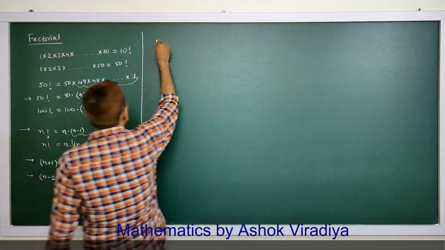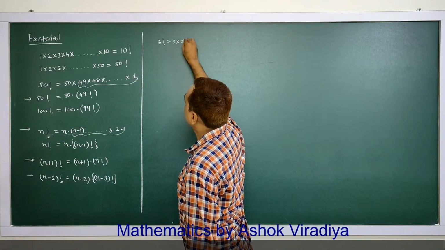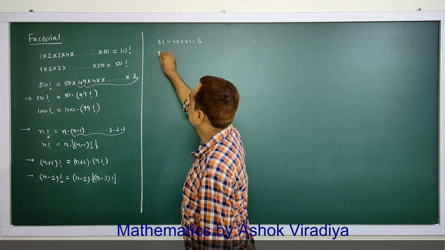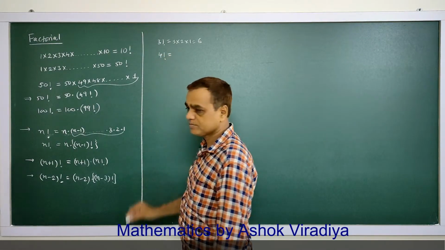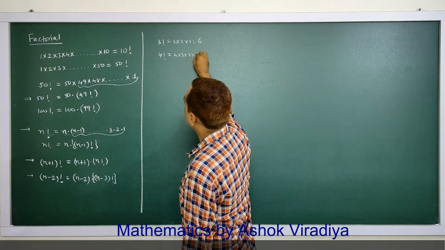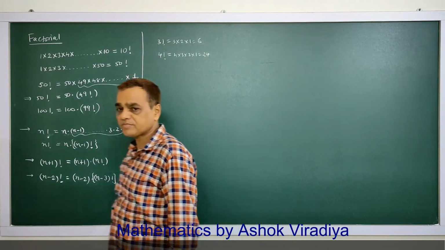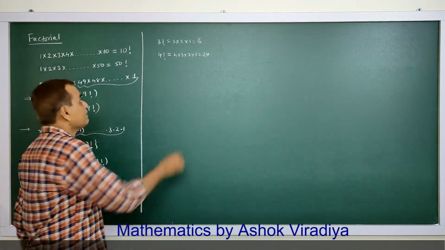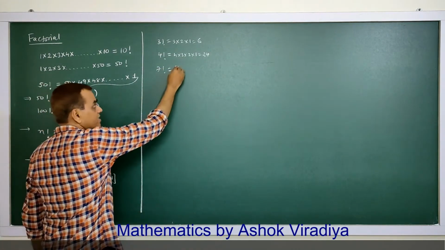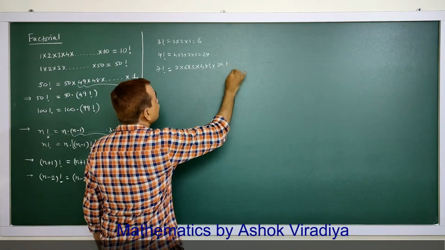Say 3 factorial. The value of 3 factorial is 3 into 2 into 1, so it is 6. 3 factorial is 6. Now I calculate 4 factorial. 4 factorial is 4 into 3 into 2 into 1. 4 factorial is 24. Now I calculate 7 factorial. 7 factorial is 7 into 6 into 5 into 4 into 3 into 2 into 1.